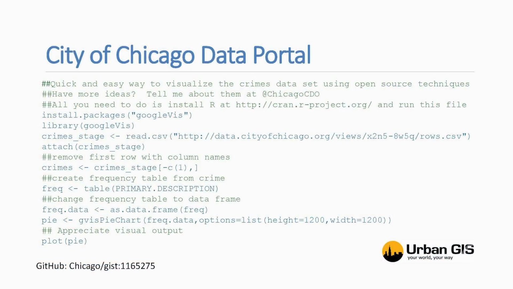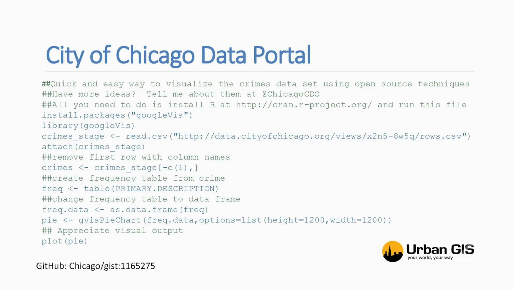One of the things I love the most is that they use the Socrata Open Data API, which means that it's really easy to interact with that data. And I have an example of that. They may also maintain a GitHub as well. One of the things that they have is this little R script that they use to create a simple map of the crime data that's made available on the site.